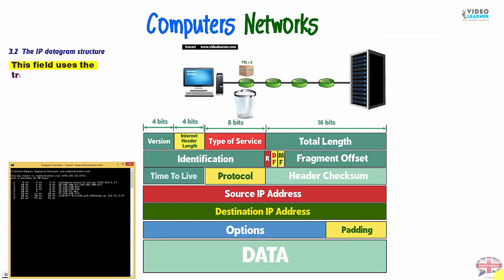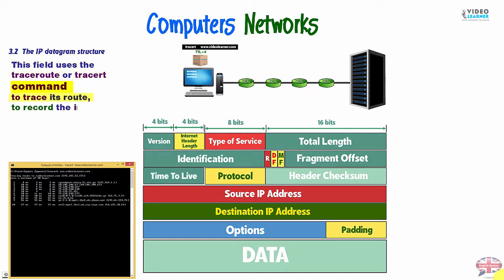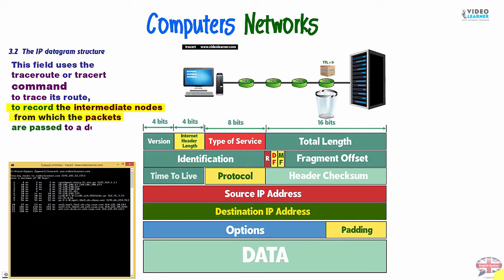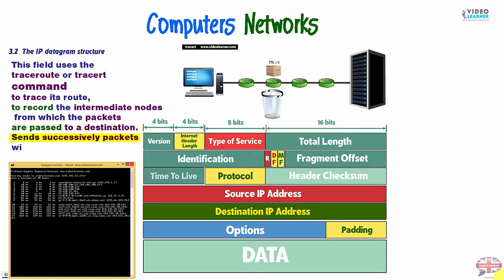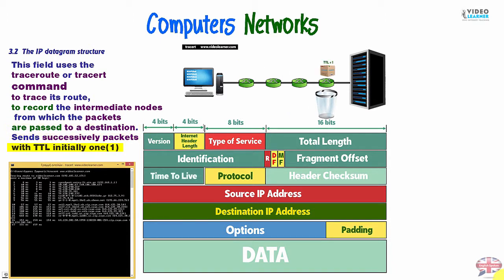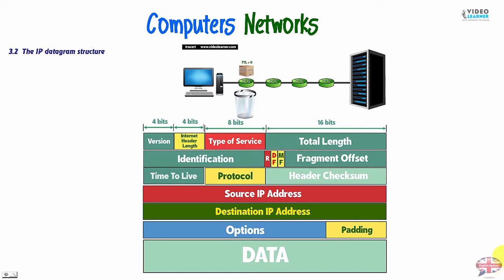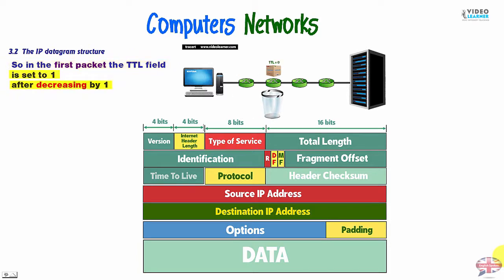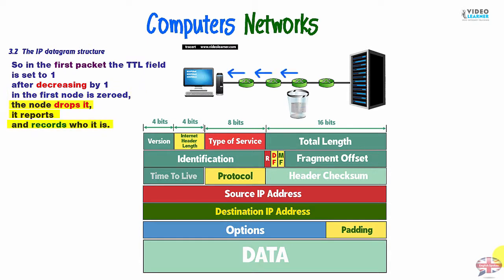This field is used by the traceroute command to trace the route, to record the intermediate nodes through which packets pass to a destination. It sends successive packets with TTL initially 1, and then increases it by 1. So in the first packet, the TTL field is set to 1; after decreasing by 1 at the first node it is zero, and the node drops it, reports it, and records who it is.